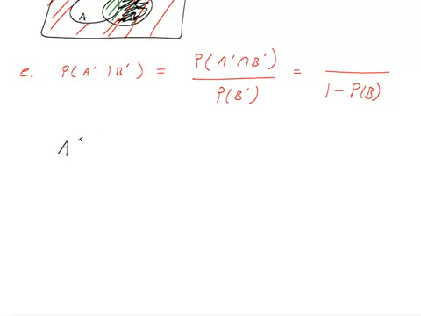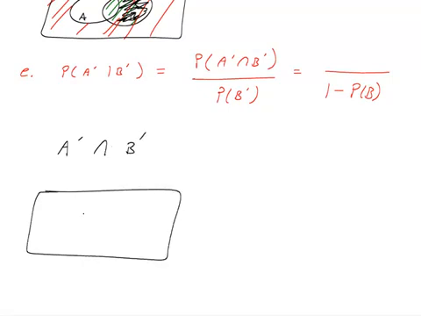If I look at the complement of A intersected with the complement of B, what region is that in my Venn diagram? So A complement is going to be in green, so that's everything outside the A circle.